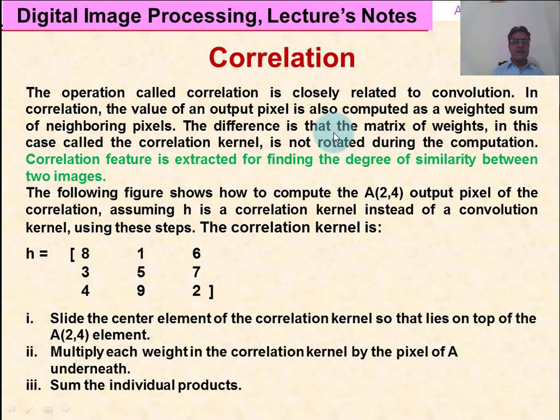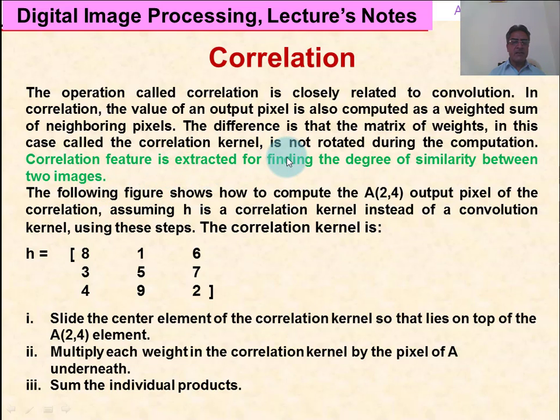The difference is that the matrix of weights, in this case called the correlation kernel, is not rotated during the computation. We do not rotate the kernel's values, but use them as they are in the original shape.